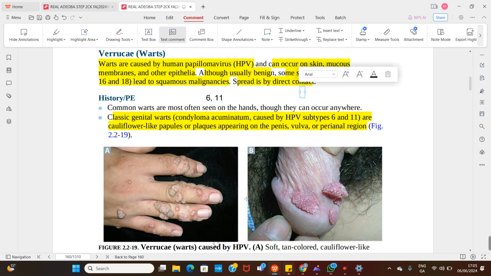That's the basis for their classification: plantar warts on the foot, flat warts, genital warts, depending on location. You can see the classic genital warts, called condyloma acuminatum, caused by serotypes 6 and 11, forming warts within the genital area.